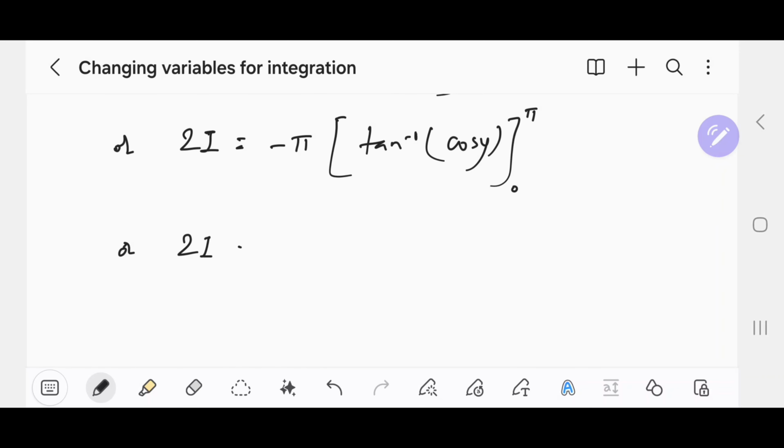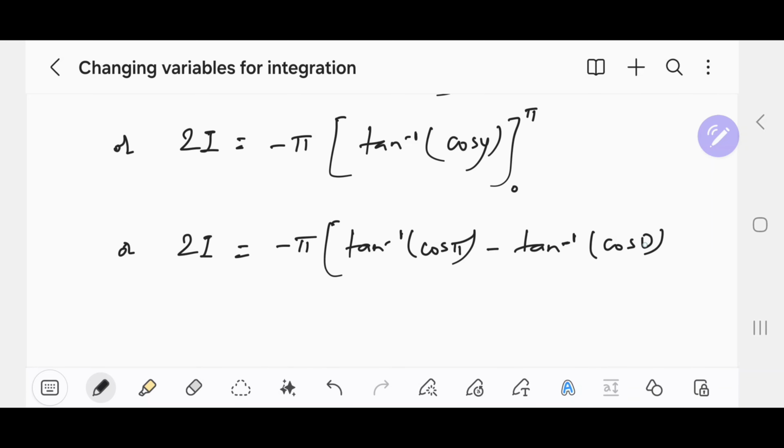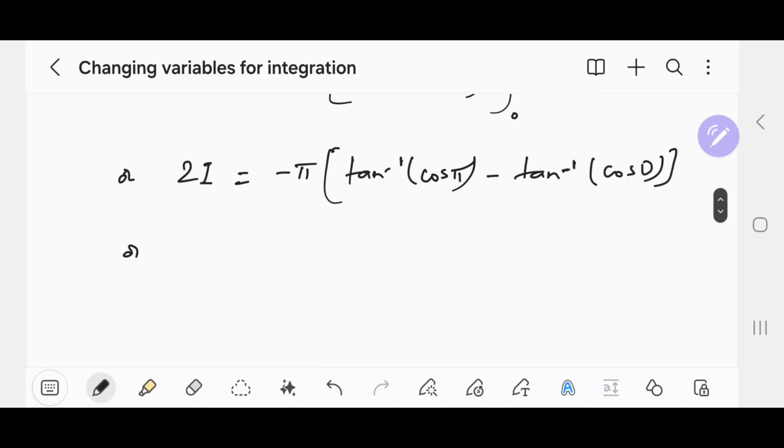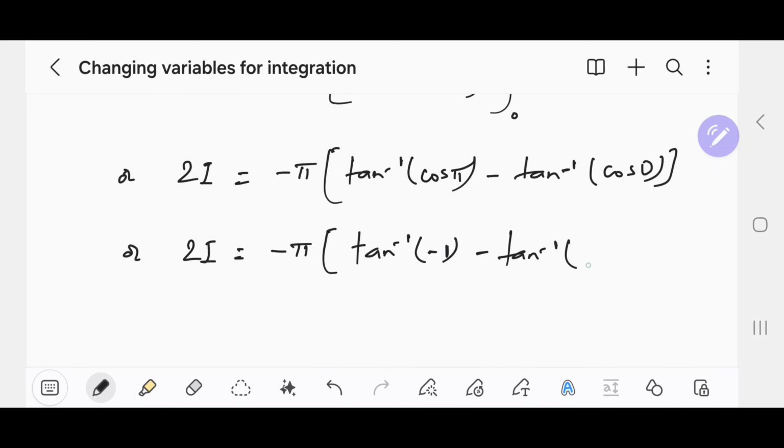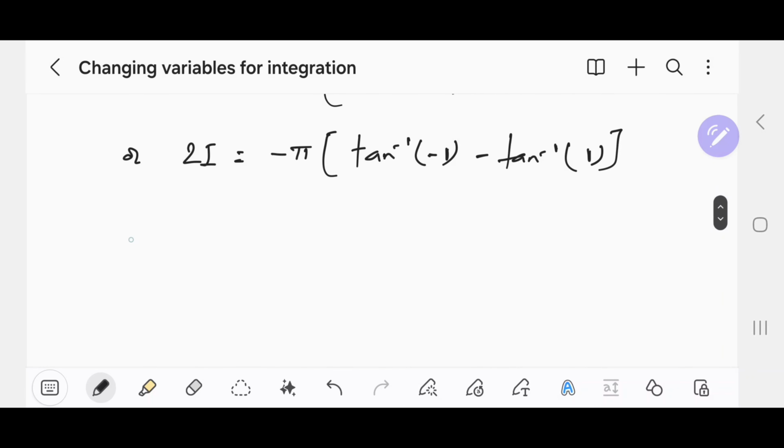or 2I equals minus pi times tan inverse cos pi minus tan inverse cos 0, or 2I equals minus pi times tan inverse of cos pi, which is minus 1, right, and cos 0 is 1, or 2I equals minus pi times tan inverse 1 minus tan inverse minus 1, right?